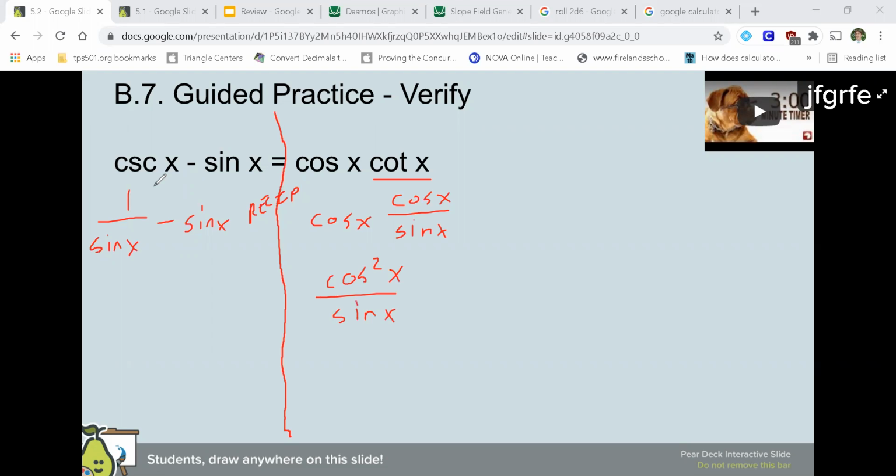Okay. What do we try next? That would be the same as 1 minus sine squared, right? Hey, I think we're pretty close. We can get to our answer in one step now. Divide. 1 over sine, and sine squared divided by sine is sine.